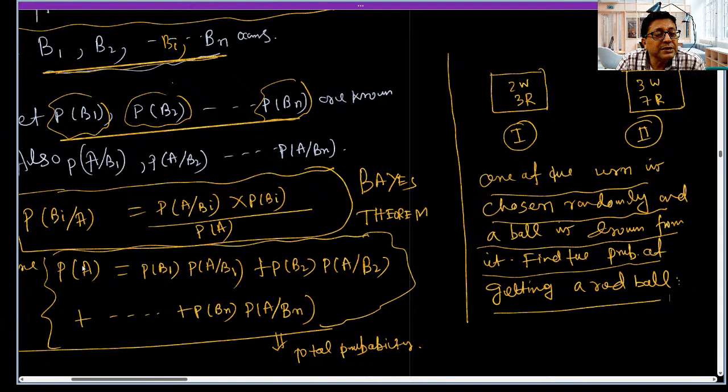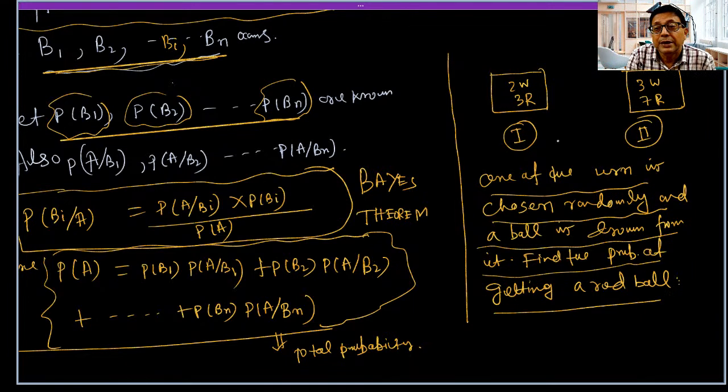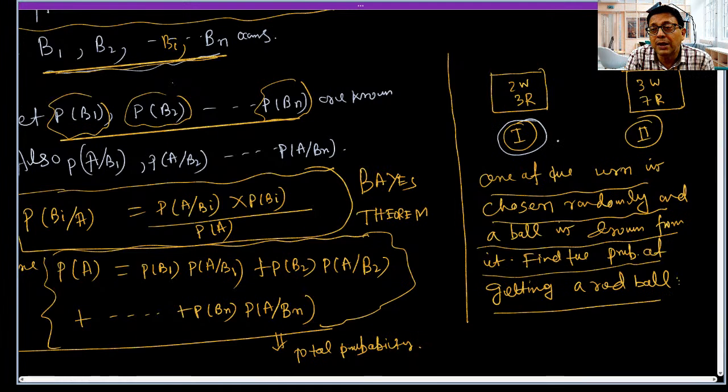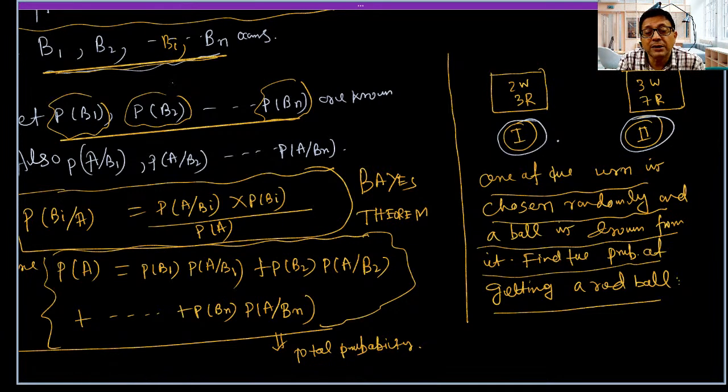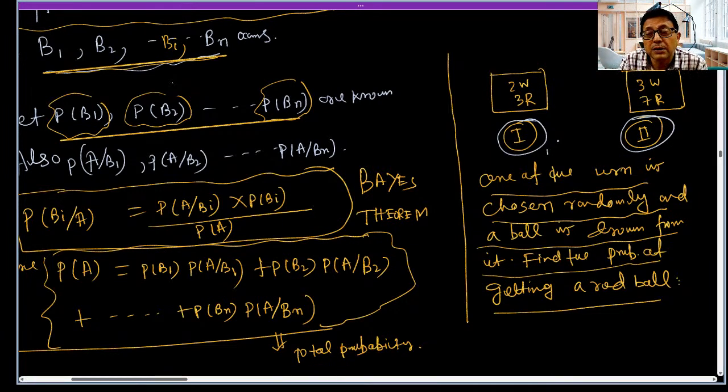What is the relation with this thing? P(A) equal to P(B1)P(A|B1) plus P(B2)P(A|B2). What are B1, B2 here? Now B1 and B2 are replaced by urn 1 and urn 2. Okay? Urn 1 will represent B1, urn 2 actually B2. And what are you going to find?